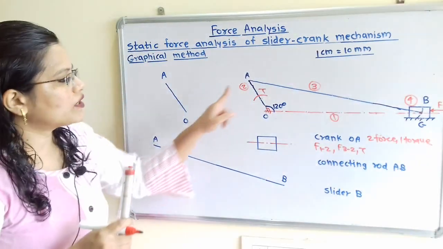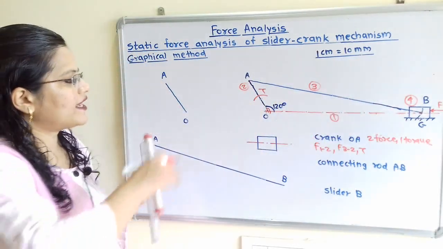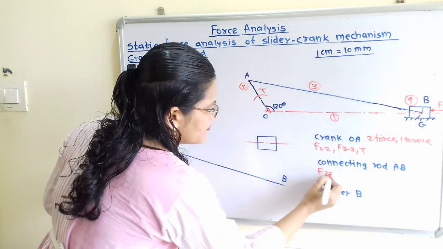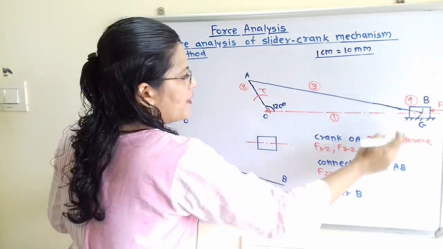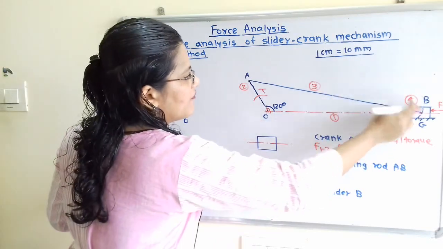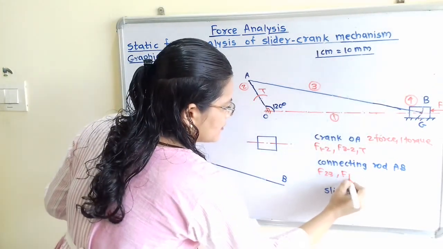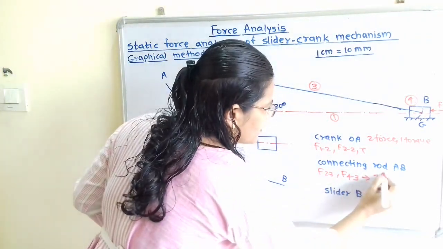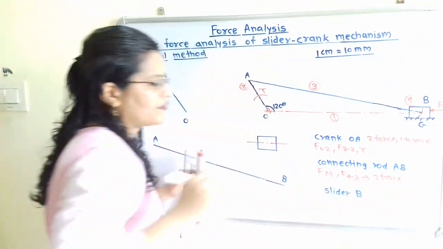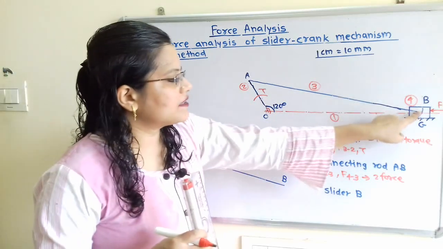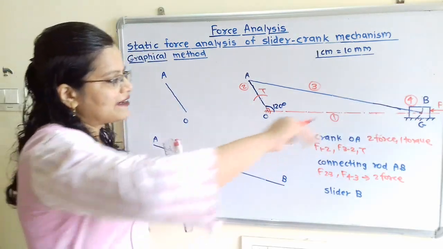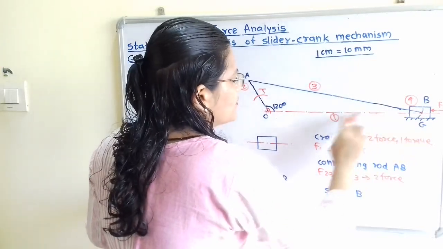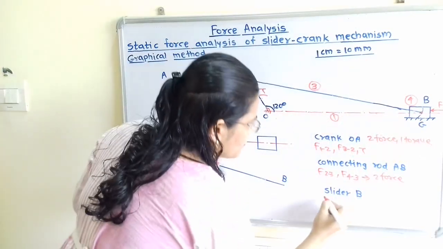Then we will move to the connecting rod. Through this point A, force is transferred, F of 2 to 3. Then through this point B, force is transferred, F of 4 to 3. So this connecting rod is a 2 force member. Now we will move to the slider B. For the slider B, through this point G, the force is transferred, F of 1 to 4.